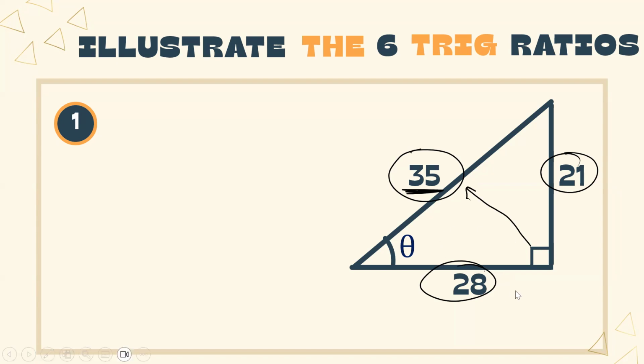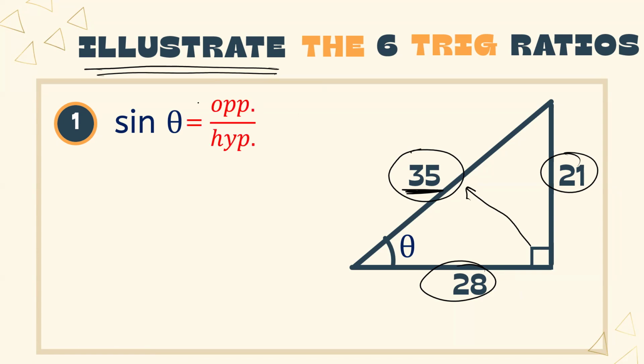Okay? And then we need to represent the six trigonometric ratios based on this specific triangle. So remember, sine theta is equal to opposite over hypotenuse. What's the length of the opposite side to angle theta?